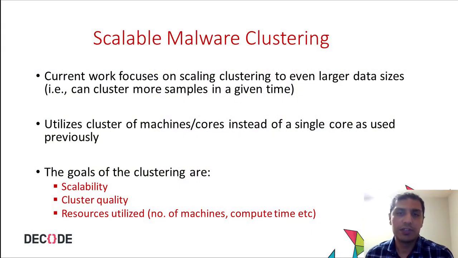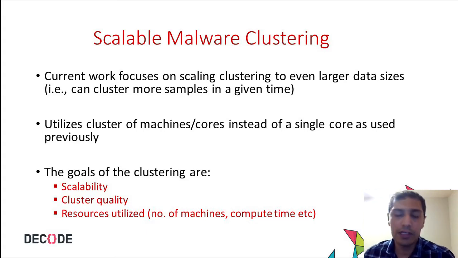I've focused on what I'll be talking mainly about in this talk, which is scalable malware clustering. I want to scale it to an even larger data size than what we have done previously. That's the focus of my current work. One disadvantage of the previous approach, the one we presented earlier in IEEE COINS, was that it was limited to a single machine.